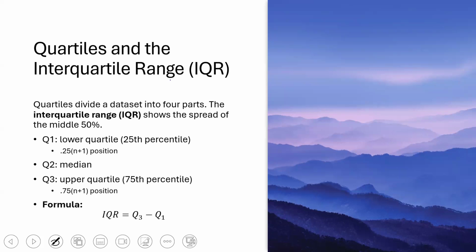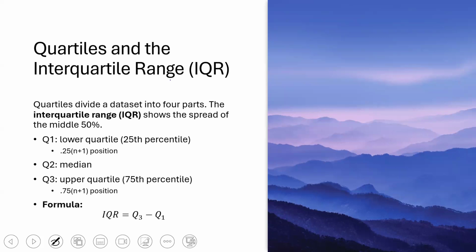The interquartile range, or IQR, is the distance between Q1 and Q3. So we would measure it by doing IQR equals Q3 minus Q1. This measures the spread of the middle 50% of the data. It's a great tool for comparing variability without being affected by extreme outliers.